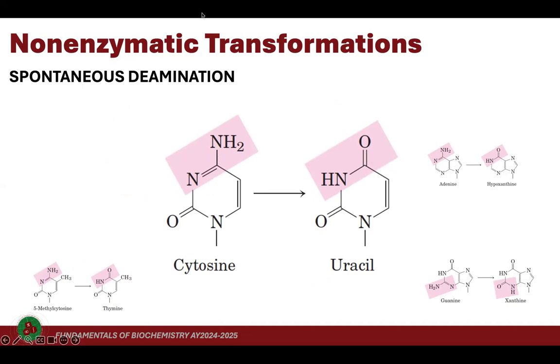Now recall that it was mentioned that there is a reason why you don't have uracil in your DNA molecule. That is because of this spontaneous deamination of cytosine. Your cell is able to repair this transformation. It can revert the transformed uracil back to the original cytosine. So there is a mechanism for that.